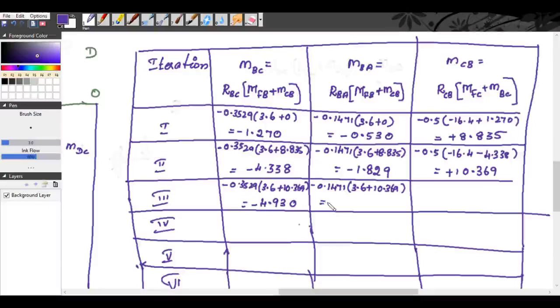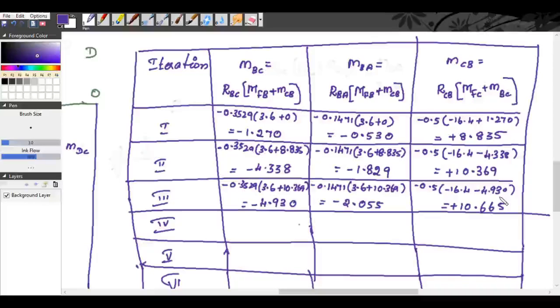We get minus 2.055. Similarly, minus 0.5 into minus 16.4 changes with MBC, which we found last as minus 4.930. We get the value as plus 10.665.